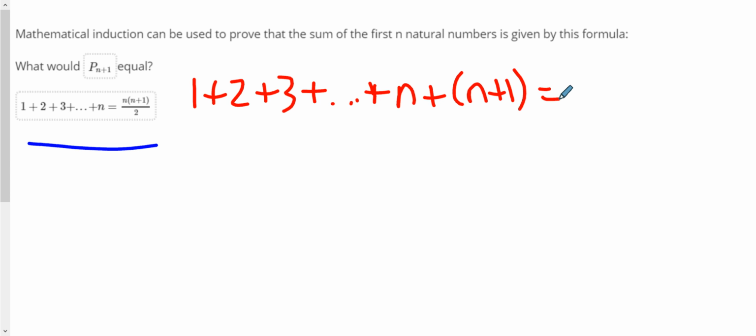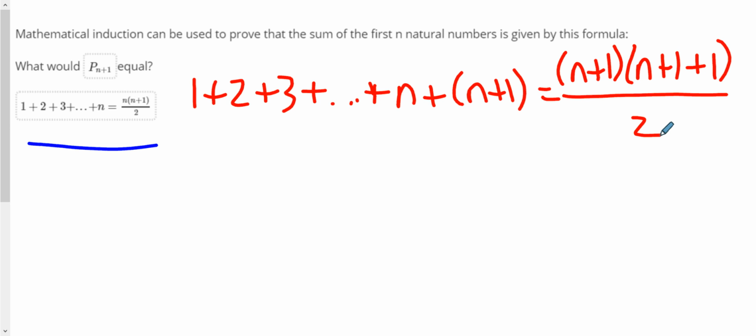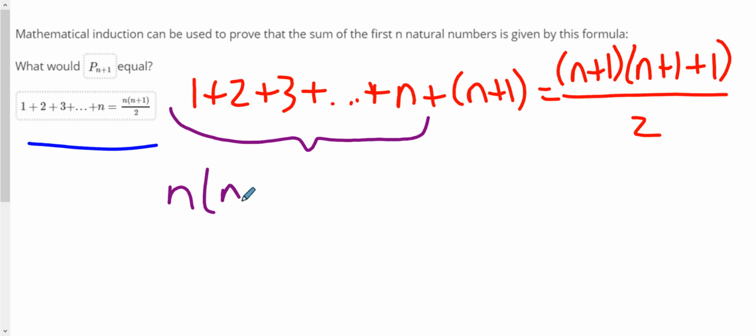And then I'm going to rewrite this right side. So I'll have (n plus 1) times (n plus 1 plus 1) divided by 2. Now all I need to do is just simplify, but what is helpful is just to say, okay, I know that this part right here is equal to n times (n plus 1) over 2.